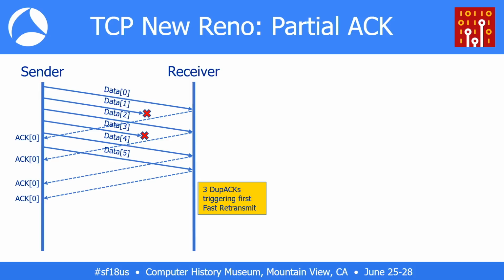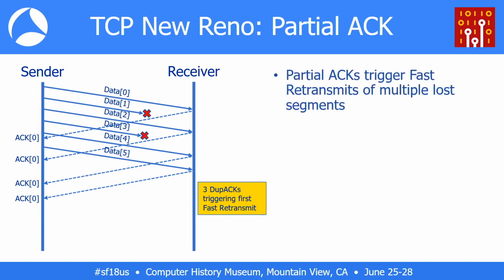Upon receiving the third duplicate acknowledgement, or the fourth in sum, I should send out a fast retransmit of the missing data. In this case, it should be data packet 1, because that's the one the receiver is requesting. The receiver only acknowledged 0, but it didn't acknowledge packet number 1 yet. So what I do is I send out data number 1.